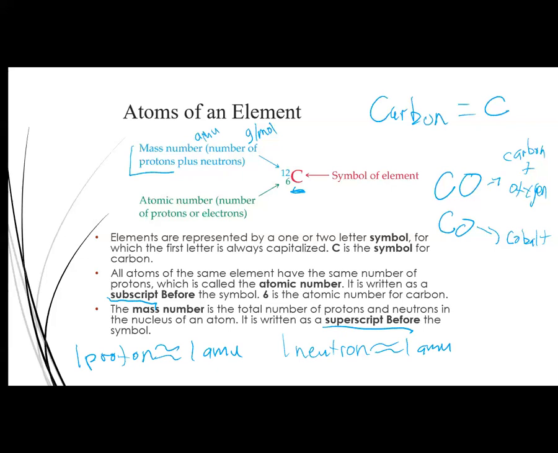And an electron is so light that a lot of times we don't even worry about its mass, because we would need 1,800 of them before we would finally equal 1 proton or 1 neutron. So a lot of times when we talk about mass numbers, we're really just adding up the number of protons and neutrons in the nucleus of the atom, because they are the only masses that really make an impact on that value.